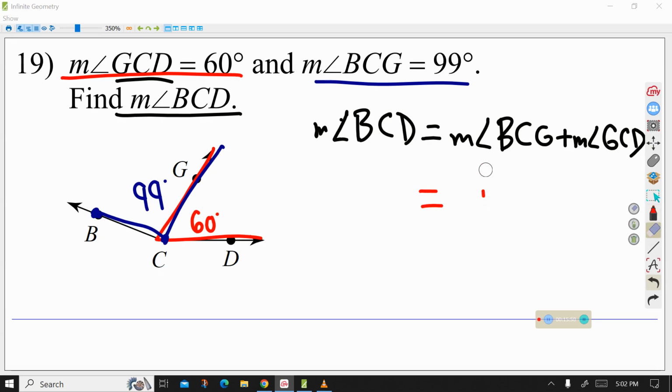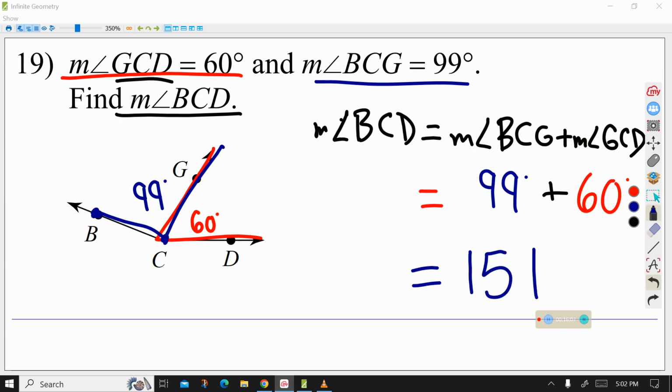So BCG, I'll write that in blue. That's 99. And then GCD, I'll write in red, that's 60. Okay, so you can add those up, and you could get 159 degrees.